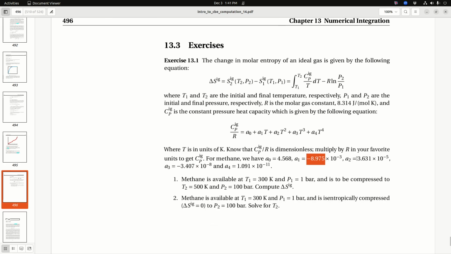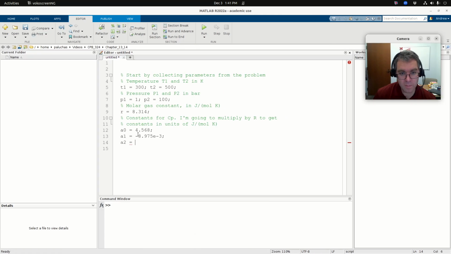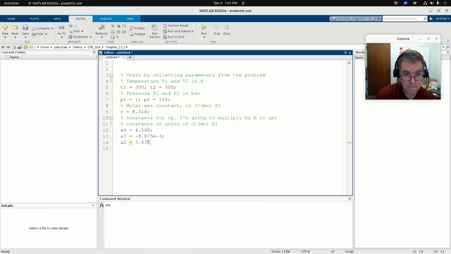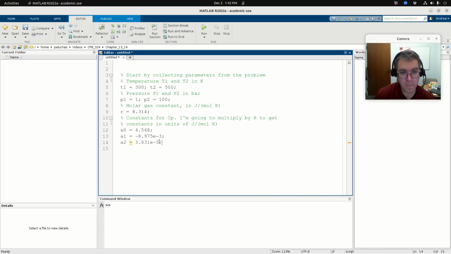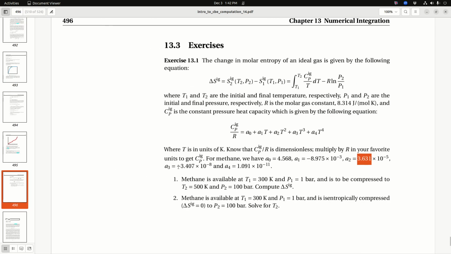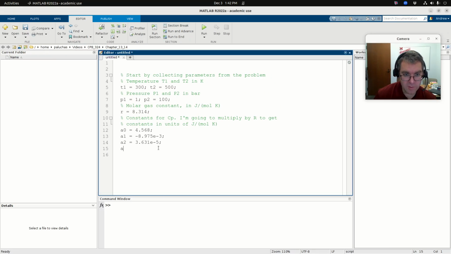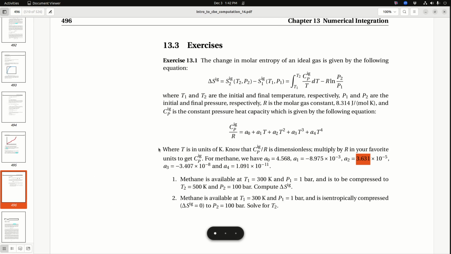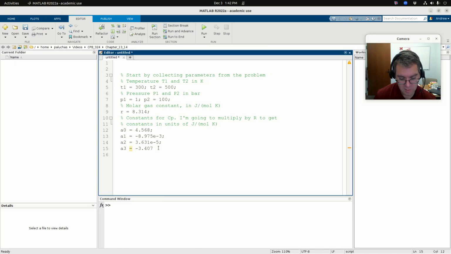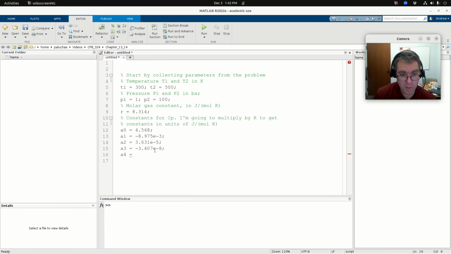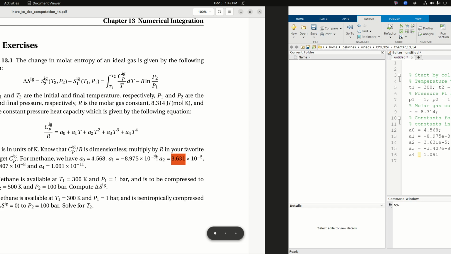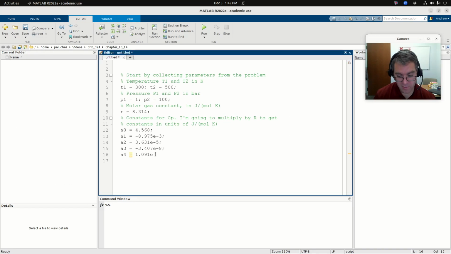A2 is 3.631, that's times 10 to the negative 5. A3 is negative 3.407, negative 3.407 times 10 to the negative 8. And A4 is equal to 1.091, and that's e to the negative 11.